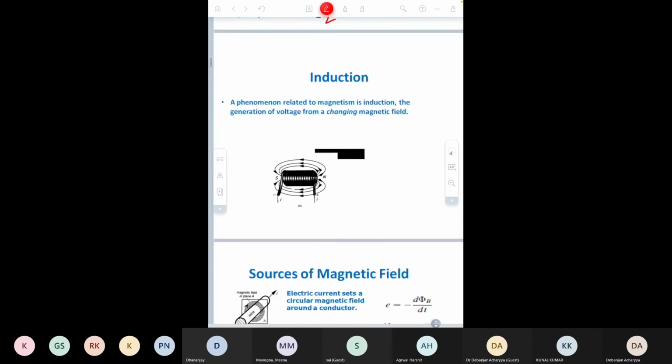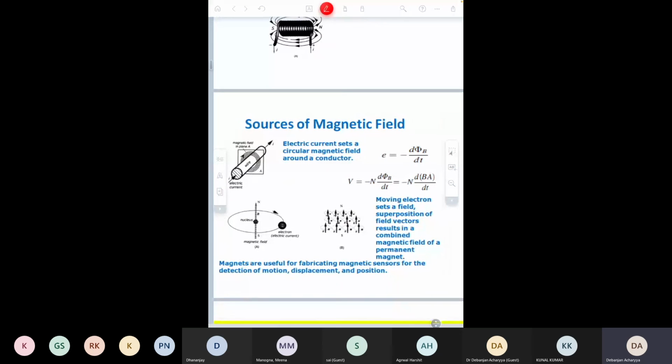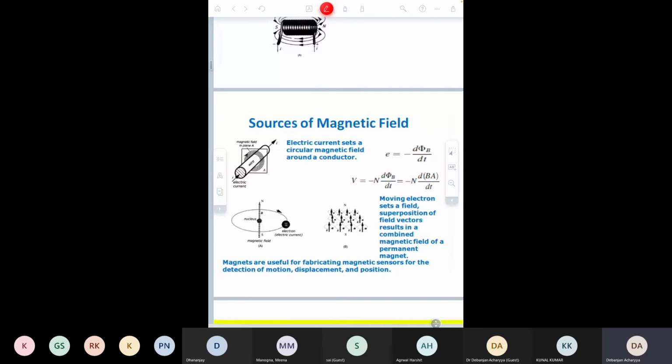Fine. Now come to the inductor or inductive type sensors. Induction is a phenomenon related to magnetism, the generation of voltage from the change in magnetic field. This is very basic, which we understood in 10th and plus 2 classes, that is Faraday's law.